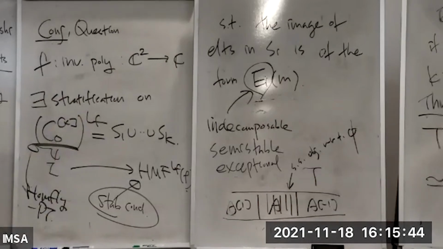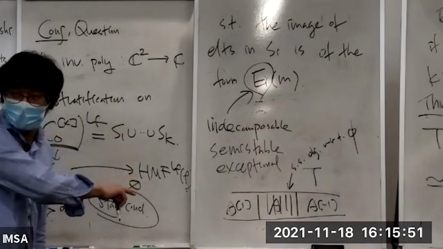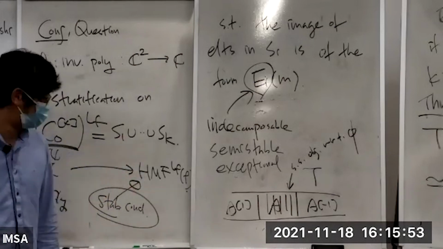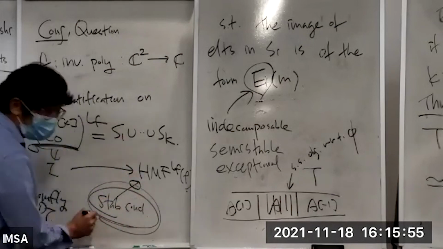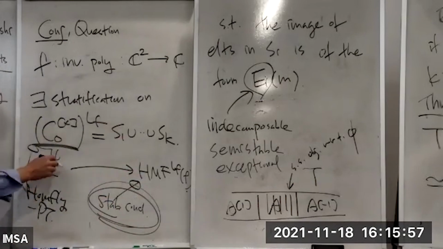What we want is to compare the stratification coming from this stability condition with the natural stratification that already exists on this Hilbert scheme, and check whether they are the same or not.